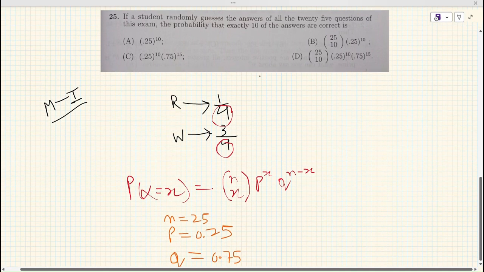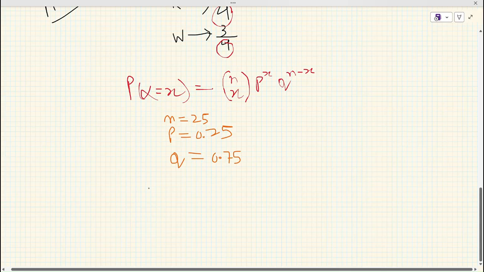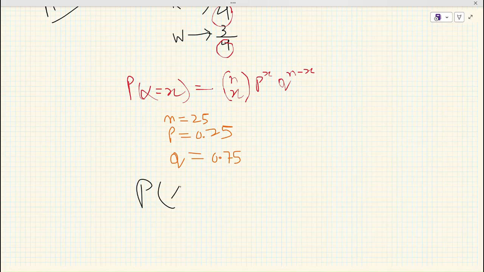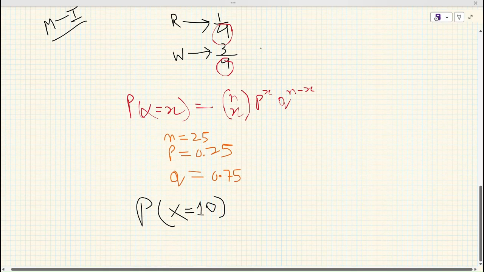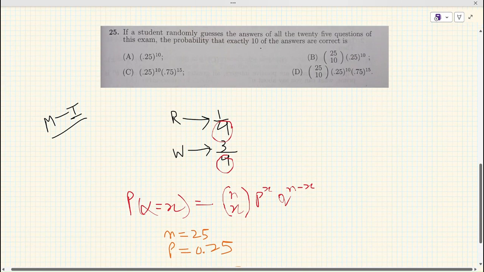So to find P of capital X equals 10, we can substitute n as 25, p and q as 0.25 and 0.75, and x as 10, so we get the answer D over here.